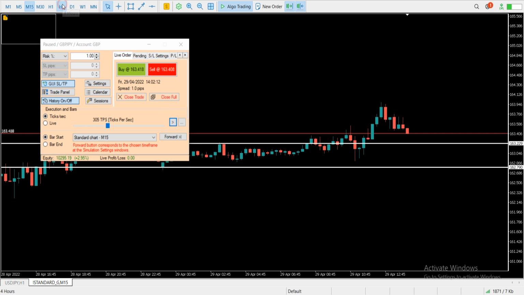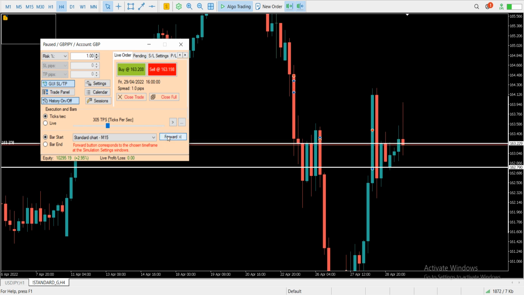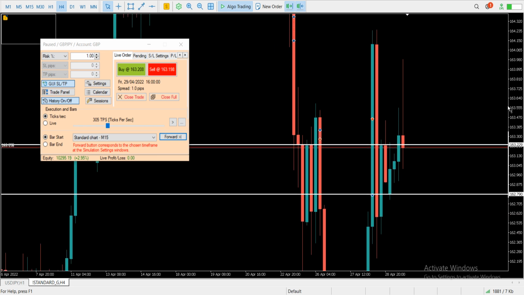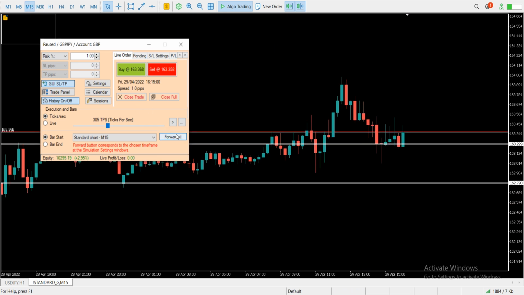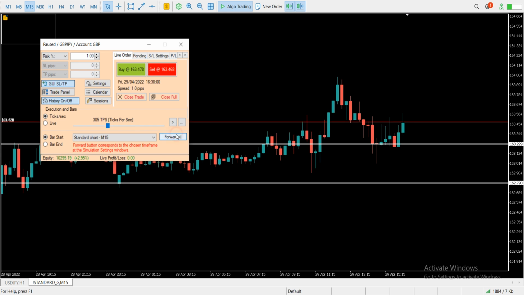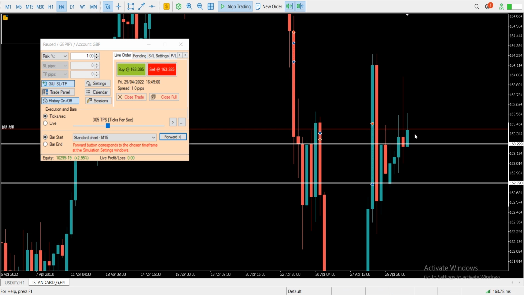Okay, let's wait for this candle to close, and we closed with a rejection. If resistance forms, I think there's going to be a selling opportunity. This candle is going to continue pushing down after that.